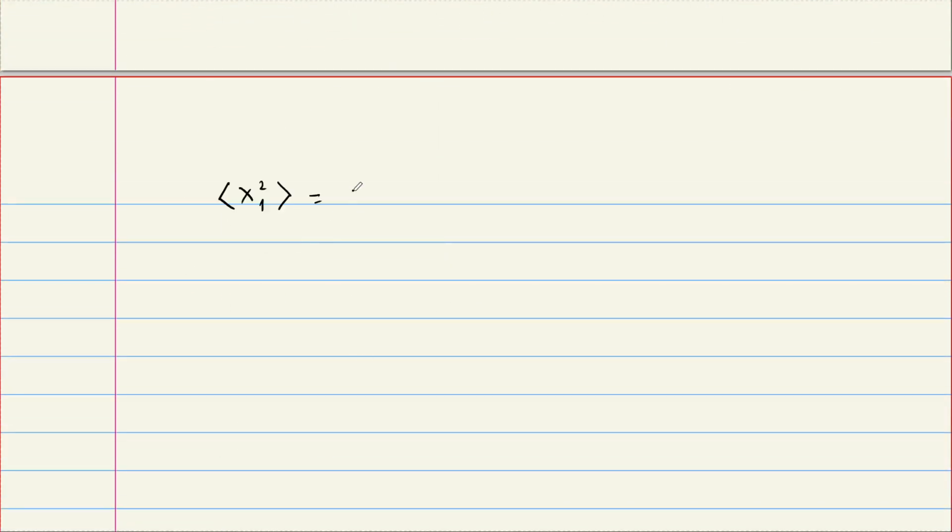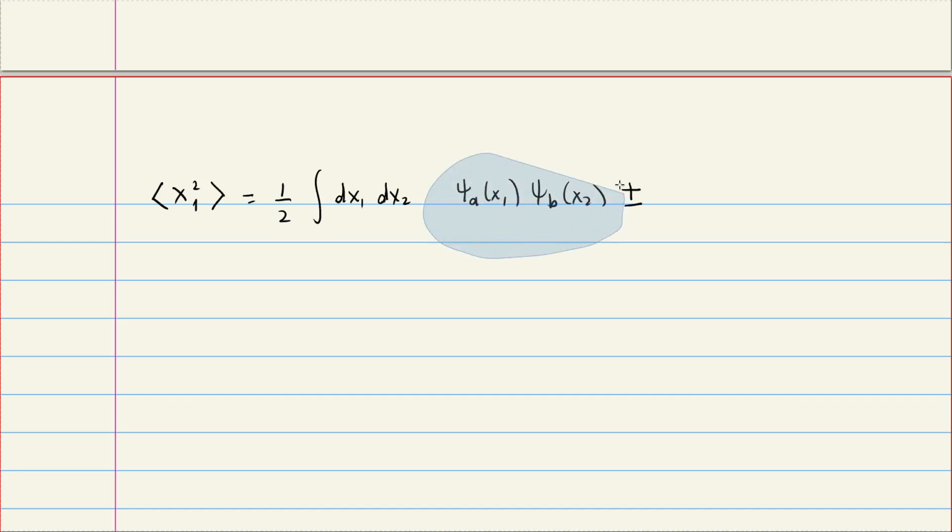So this is 1 over 2. So this is dx1, dx2, and this is psi a x1, psi b x2, plus or minus 1 and 2 exchanged. So 2, 1. So close this.